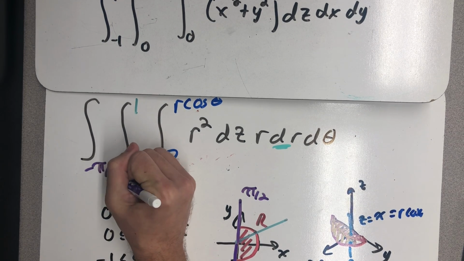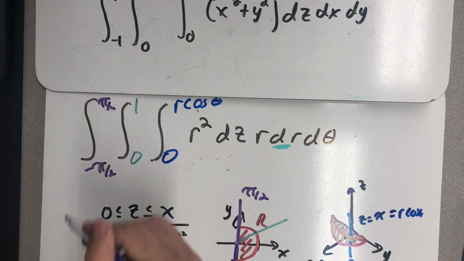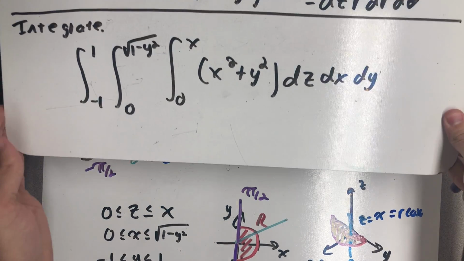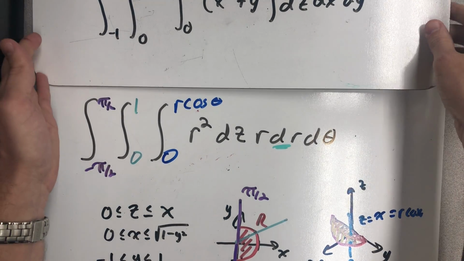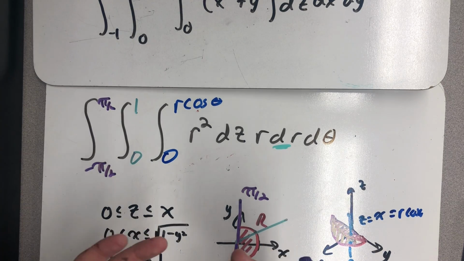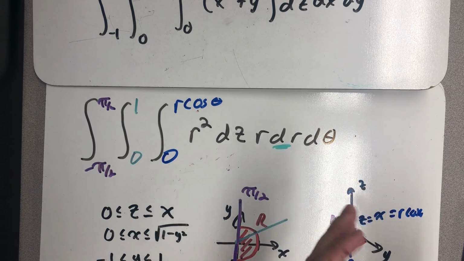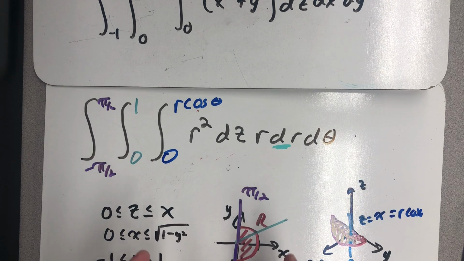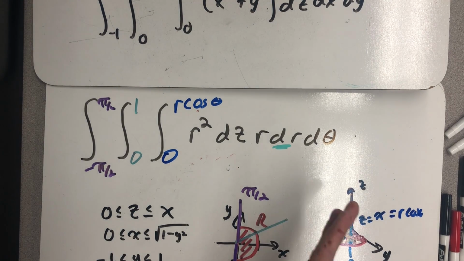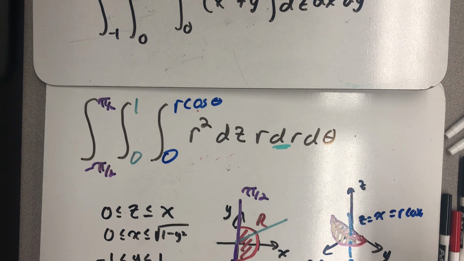So I started with a rectangular triple integral, drew as best I could the region in space and the projection of the plane, and then followed that same procedure to find the bounds of my cylindrical coordinate triple integral. And now I'm ready to integrate.